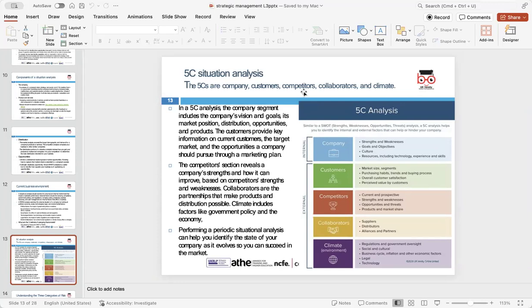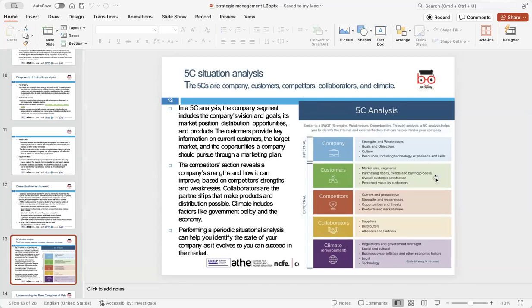Collaborators are the partners, suppliers, and distributors that help deliver the company's products to the market. Building strong relationships with collaborators ensures smooth operations and access to resources that support the business.